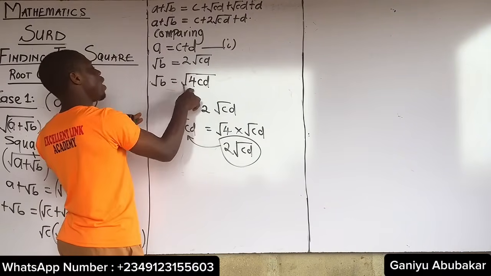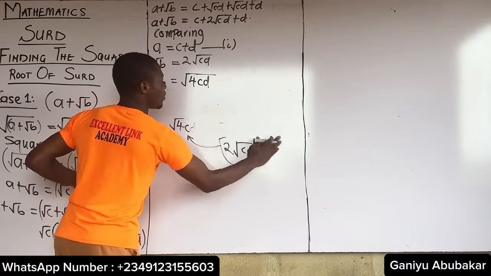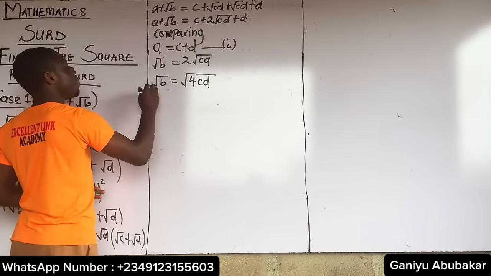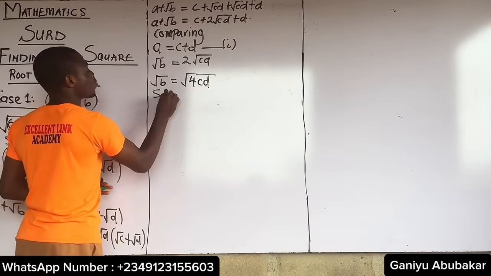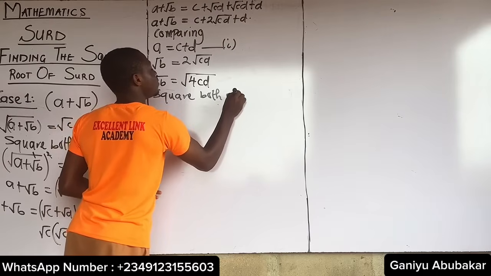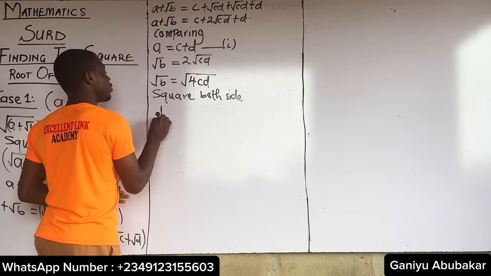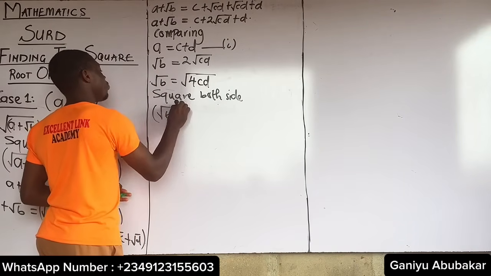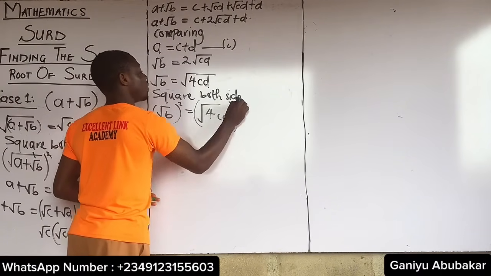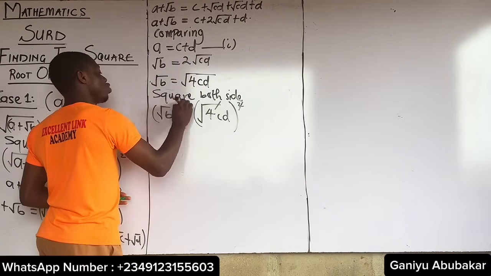So going back, at this point, what's your next task? My next task now is to square both sides. Root B all squared is equal to root 4CD all squared. Square cancels out square root.